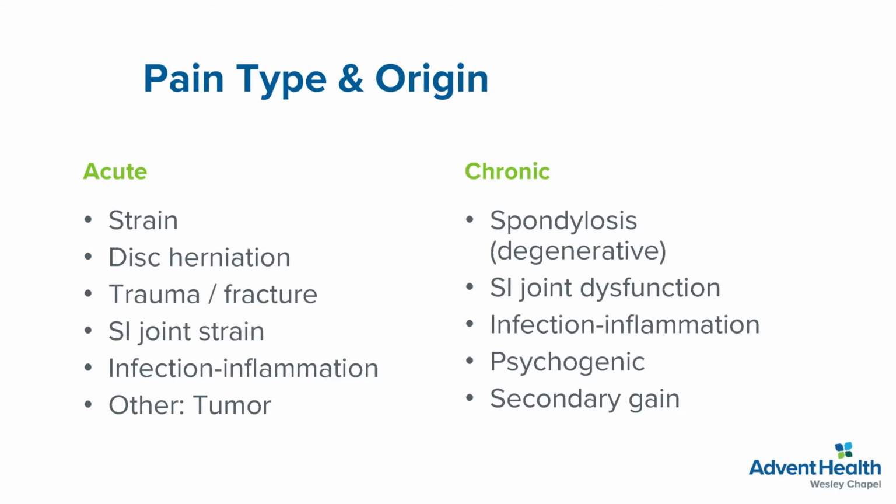These are findings such as arthritis of the spine. This happens over a long period of time, and sacroiliac dysfunction can represent degeneration of the SI joint. Another type of chronic back pain or low back pain is related to infection, but particularly due to inflammation. This inflammation can happen with systemic inflammatory diseases.